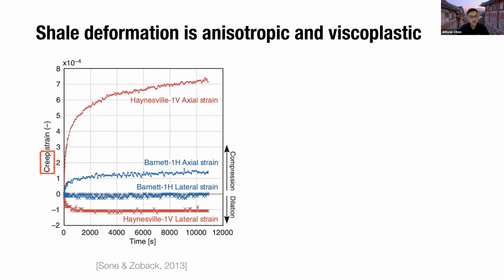Even under constant stress, the shale develops its strain. So this means that shale behavior is viscoplastic. And the axial creep strain and the lateral strain are often different in both direction and magnitude. And this is the same for Barnett Shale and Haynesville Shale.